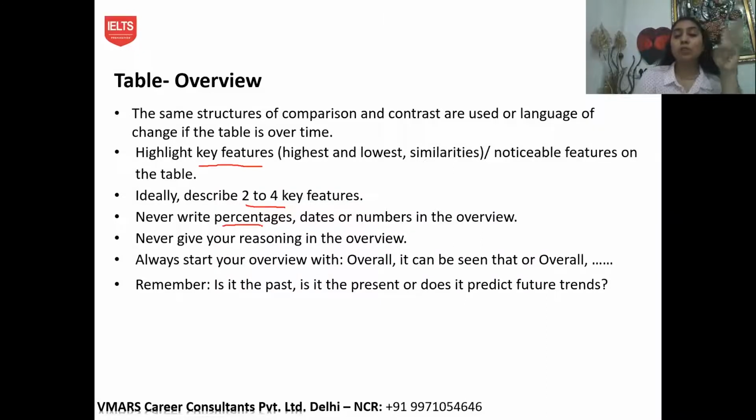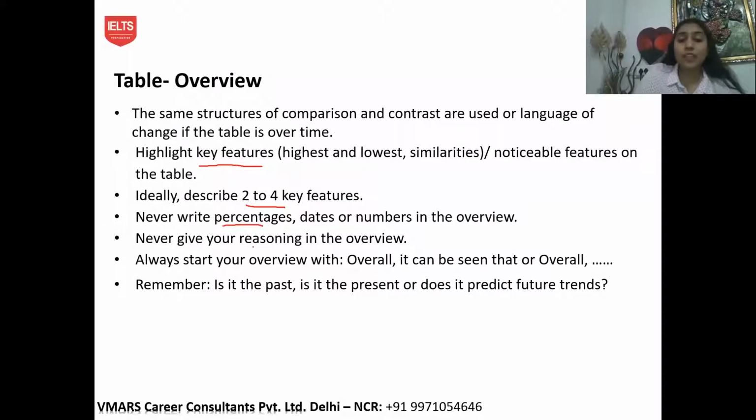No dates, no numbers. Dates are an exception when you feel there was no clear information being conveyed. In that case, you can use dates. I will show you one bar chart which I was actually telling in the previous section, so why dates can be included and in which case dates can be included.